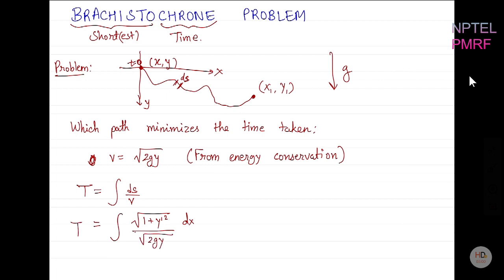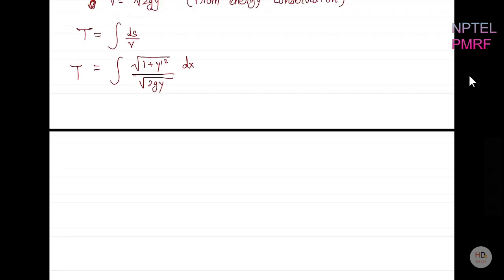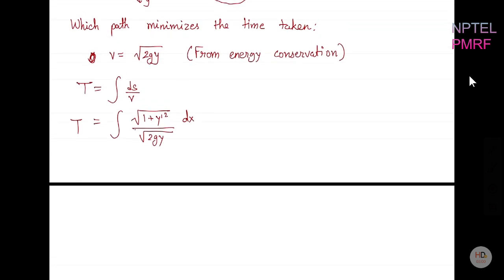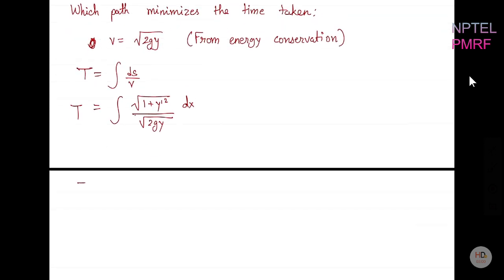So this is the function that we want to minimize, and one good thing is, let's call it F, which in principle can be a function of x, y, and y prime, does not depend on x explicitly.